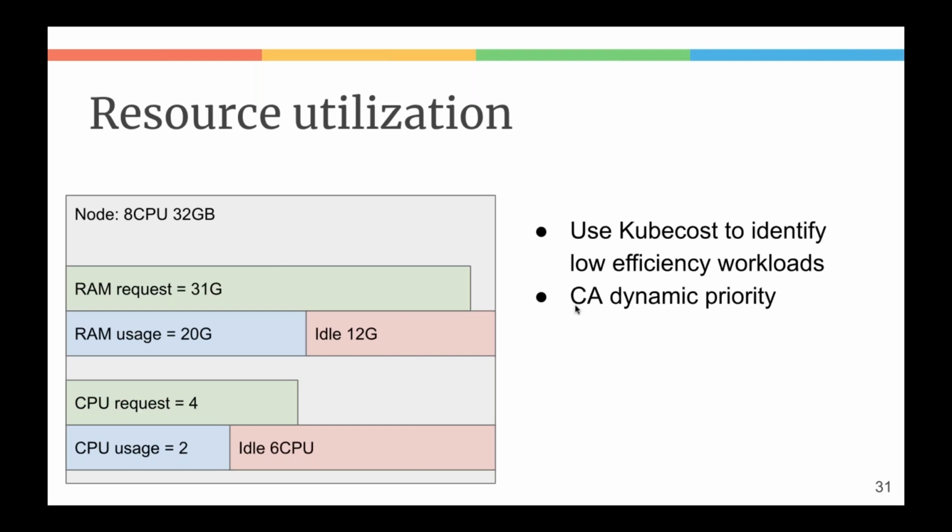And I also mentioned the dynamic priority of the cluster scheduler, which will help to do that. There are two issues here. The first issue is the gap between the request and the actual usage. Another one is the CPU and memory ratio.